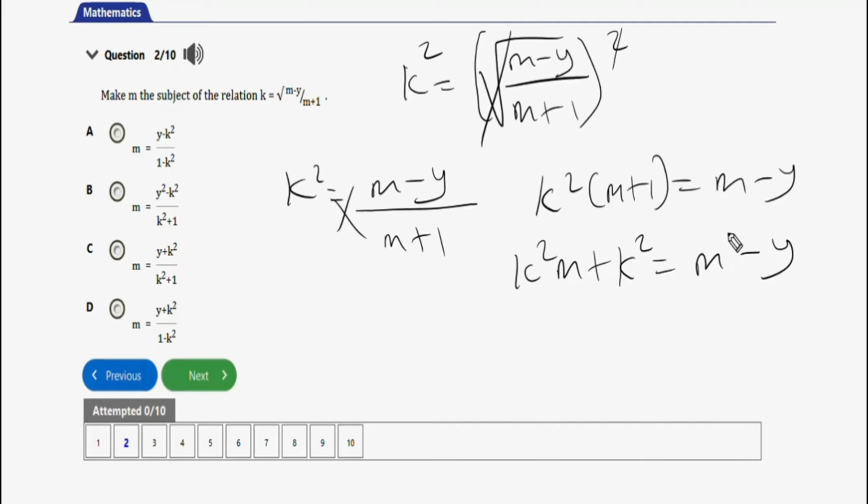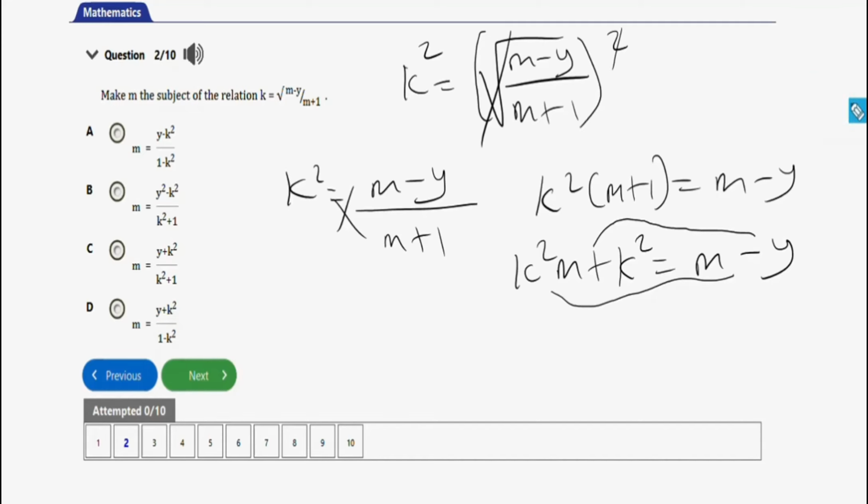Alright, remember we are asked to make m the subject of the formula. So to make m the subject, this minus y will come to this side, and this k square m will come to this side. So that's the procedure to follow.